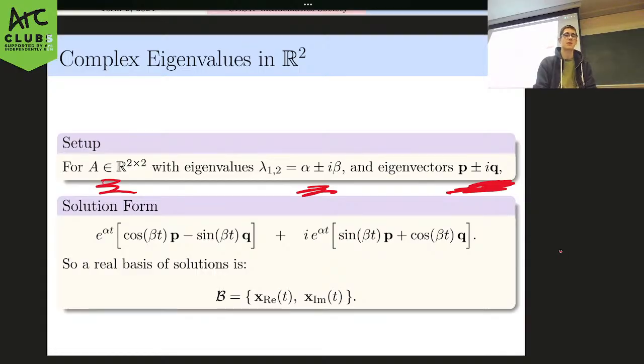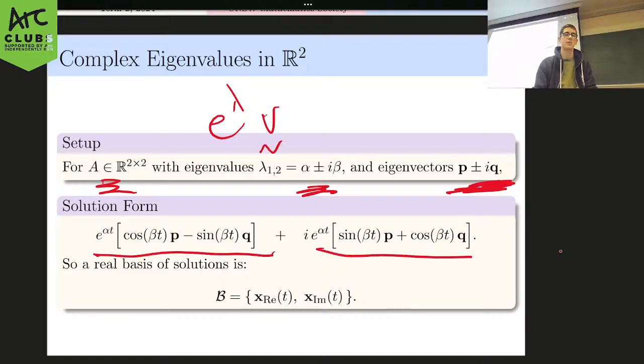And so what we can do is, if we look at e to the lambda t times our eigenvector and expand all that out, we get one real part and one imaginary part, by multiplying out e to the alpha t times cosine beta t plus i sine beta t. So we get the real and the imaginary part. And that's what we can use to form a basis of our solution space.